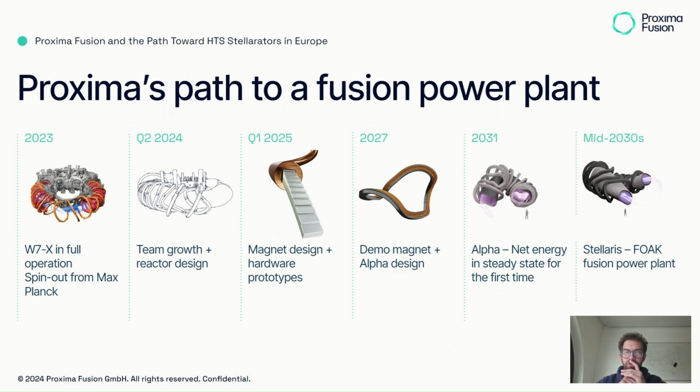We are ramping up magnet design and hardware prototypes, and the goal is to build a demo magnet by 2027, which is going to be a subscale version of the first prototype of Proxima. It's called Proxima Alpha, and we aim to do this by 2031, and then by the mid-2030s, we want to build the first-of-a-kind fusion power plant based on stellarator HTS technology. We call it Stellaris, and that's also how you will find the paper online.